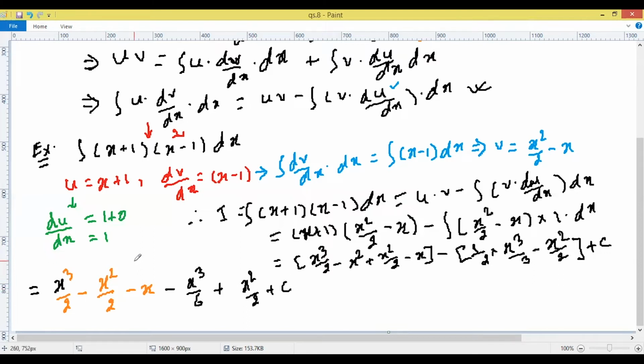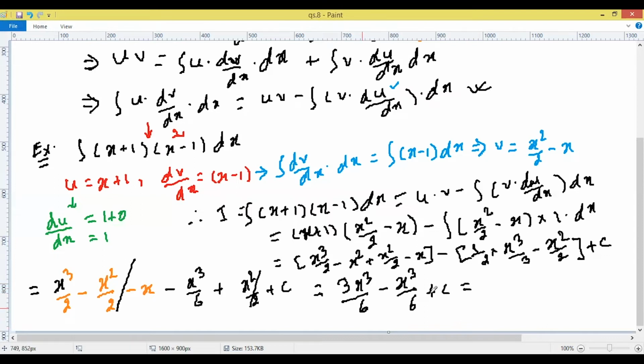You can see that minus x squared by 2 and plus x squared by 2 got cancelled out. And finally we have x cubed by 2 as the denominator is 6. So you can write here 3 x cubed by 6 minus 1 x cubed by 6, and then lastly it is the constant term.